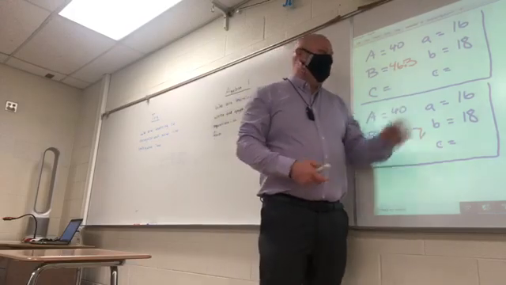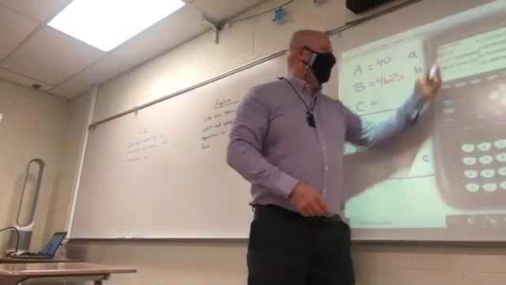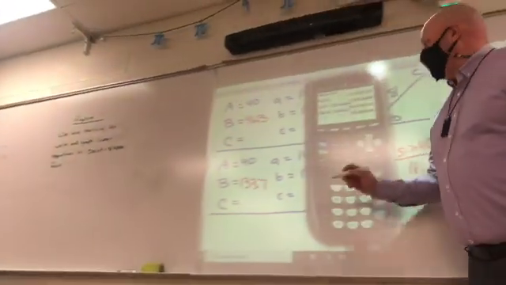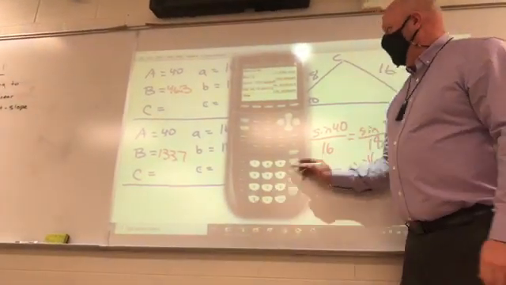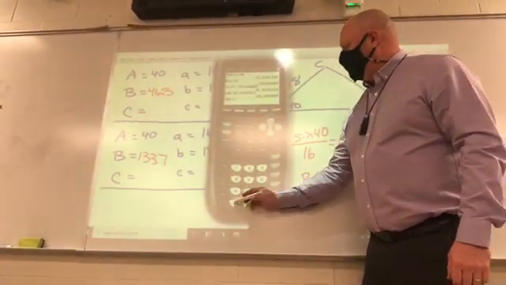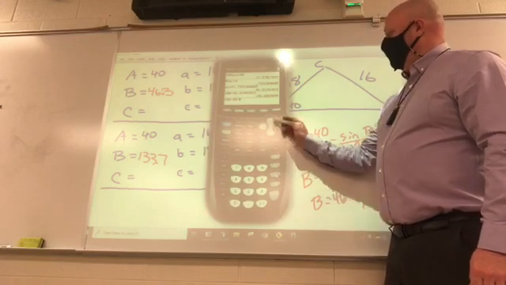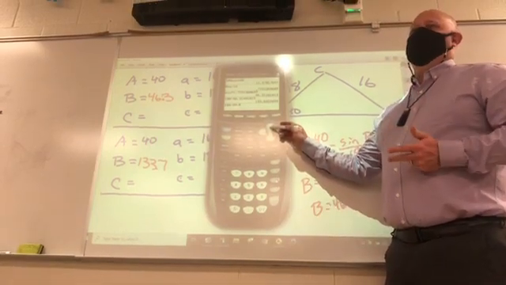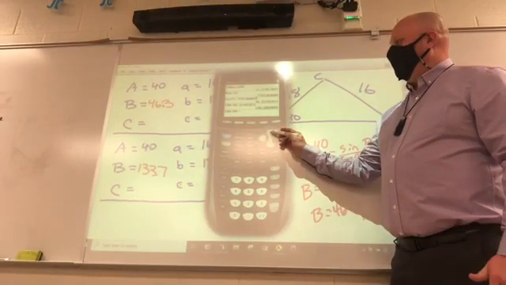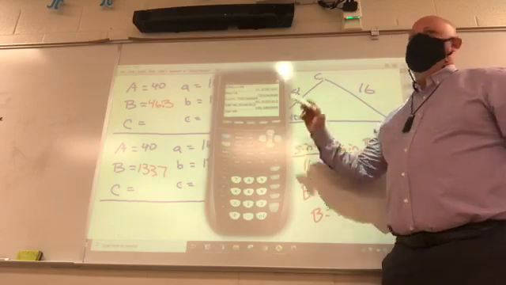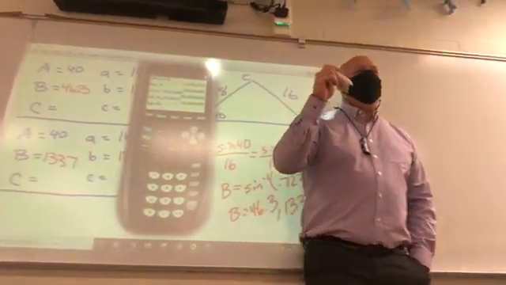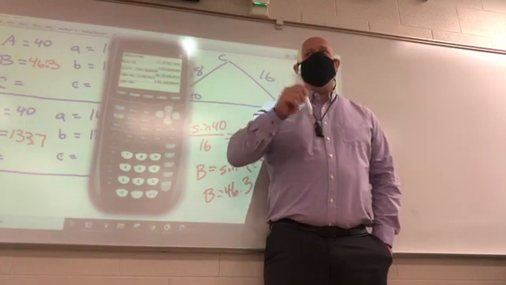And I do another law of sines, so now I can go 180 minus 40, or that's just 140, minus, and then this is one thing I do love about these calculators, is I can go up and grab the 46.3. Try to never type in a rounded number.